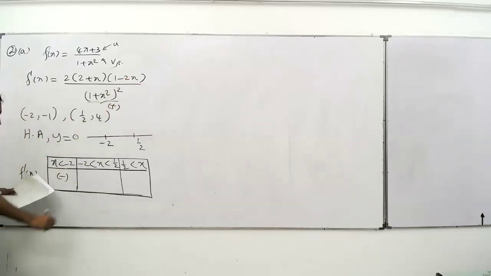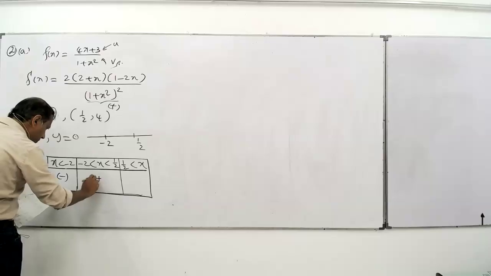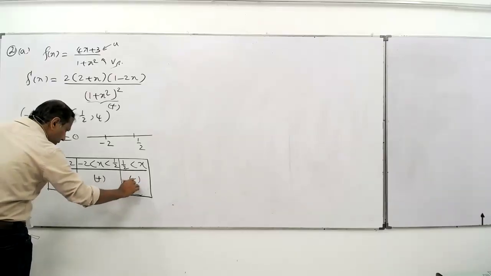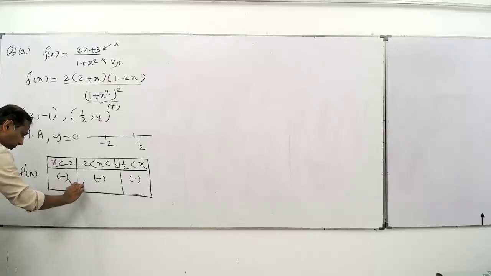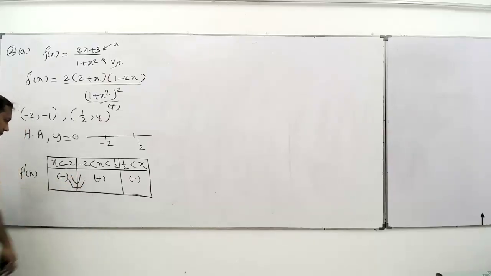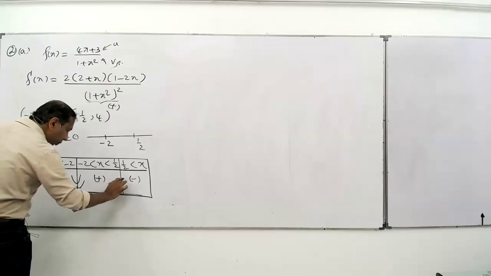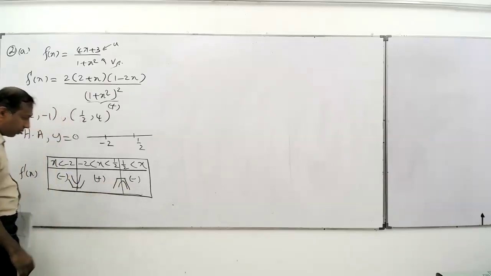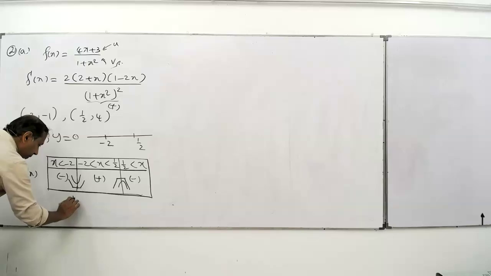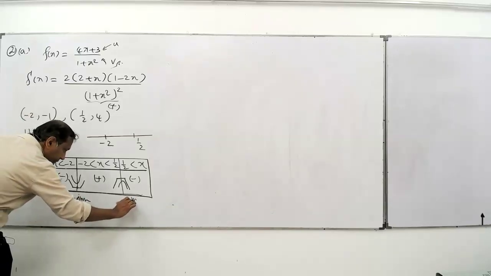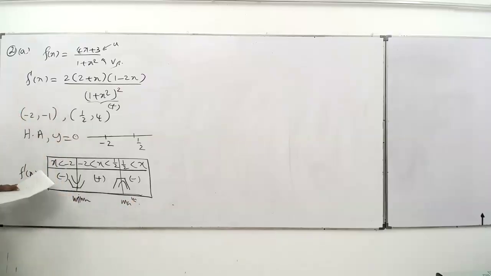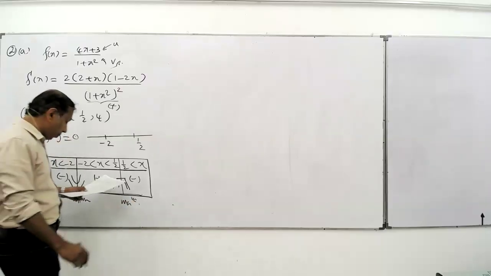Likewise, you can substitute the relevant figures here. Plus comes in here, minus comes in here. Then here negative gradient, 0, positive: this is a minima. Here positive, 0, negative: maxima. Understand? Okay. For the table, you get 5 marks.